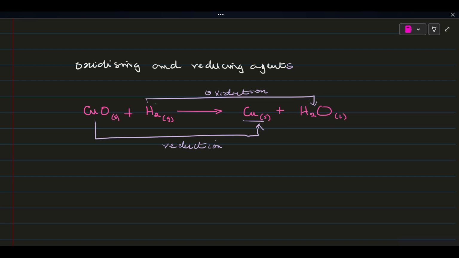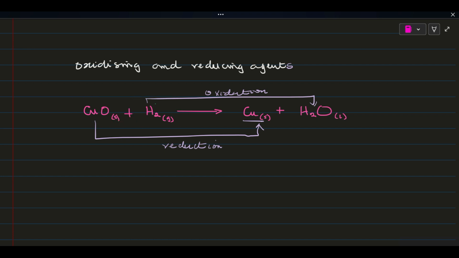Now, remember we said oxidation and reduction occur simultaneously. So, it means there is no reduction without oxidation, and there is no oxidation without a corresponding reduction. So, we can bring it together and say if a substance in the chemical reaction oxidizes, the other substance causes the oxidation to occur.